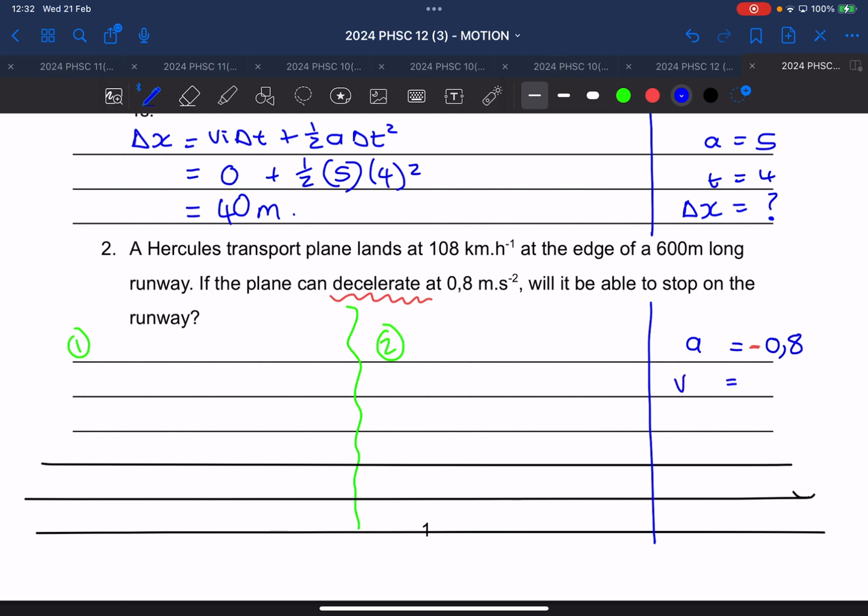Is it initial or final? It lands and then it comes to a stop. So the initial velocity is 108 kilometers per hour.